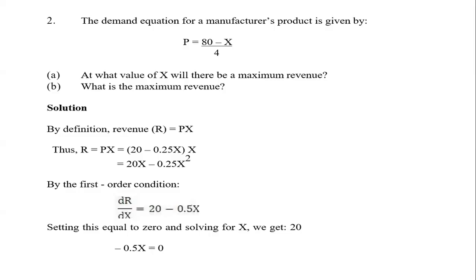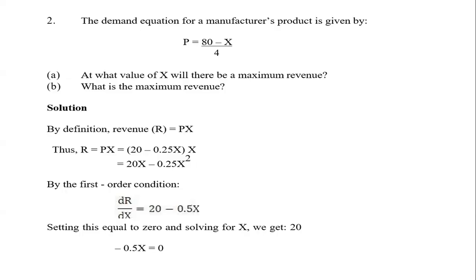And we said, by definition, revenue is equal to the price times the quantity. So the quantity is the X. So if we have the price function to be 20 minus 0.25x, then we multiply that by x, and that will give us 20x minus 0.25x squared, as you can see here.